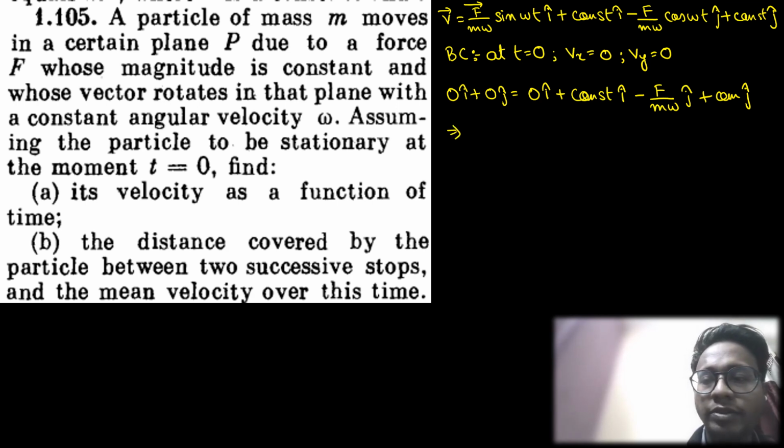Compare these values: 0i is equal to 0i plus constant, so the constant of i is equal to 0. For j: 0j minus f by m omega j is equal to constant of j, so the constant of j is f by m omega.